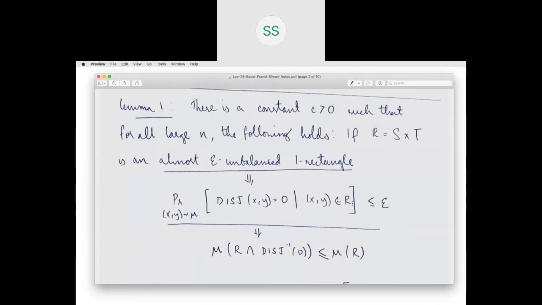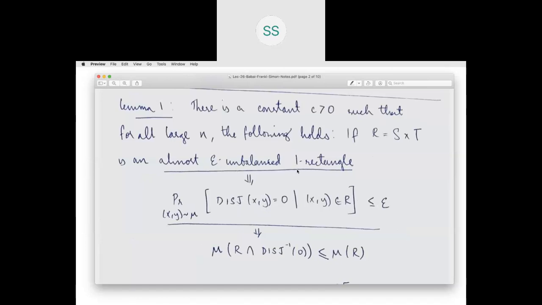So given (x,y) in R, what is the probability that x and y are not disjoint? So it's a zero entry. Now, if the probability of this is less than epsilon, it's called an epsilon-unbalanced one rectangle.